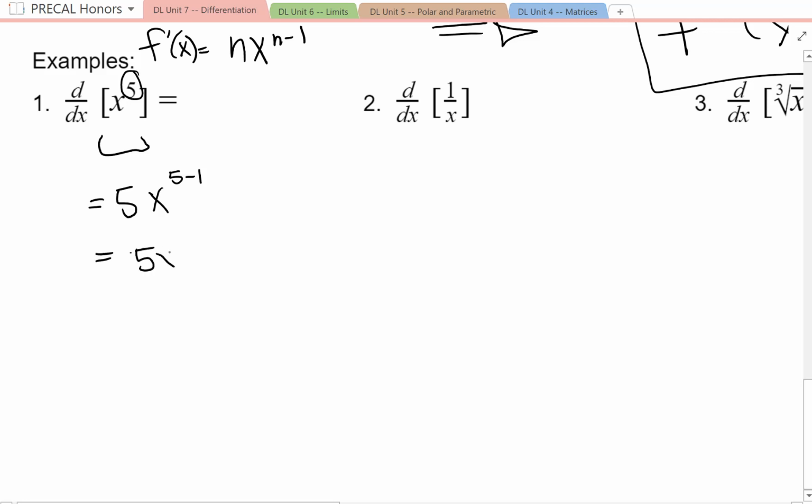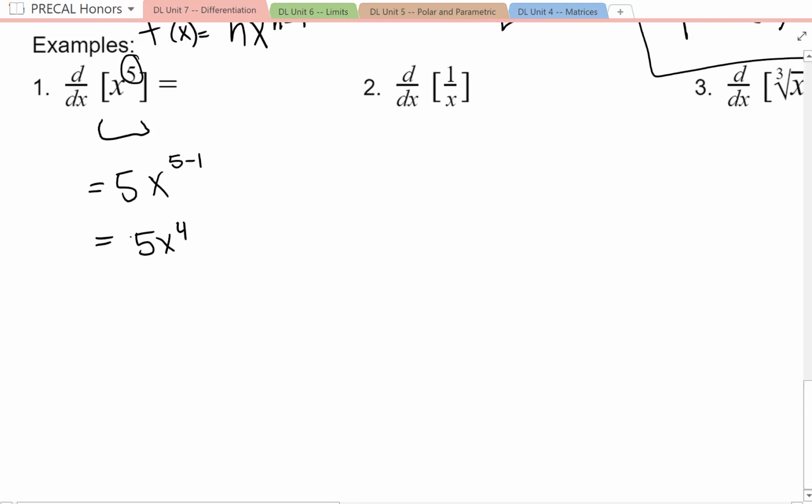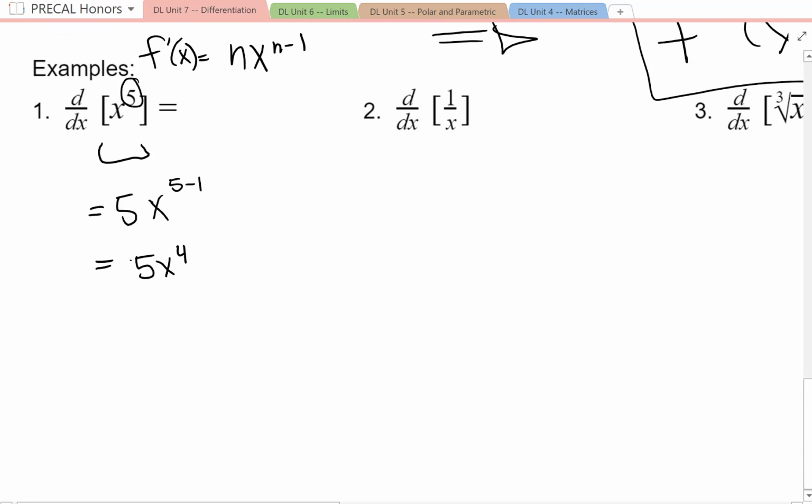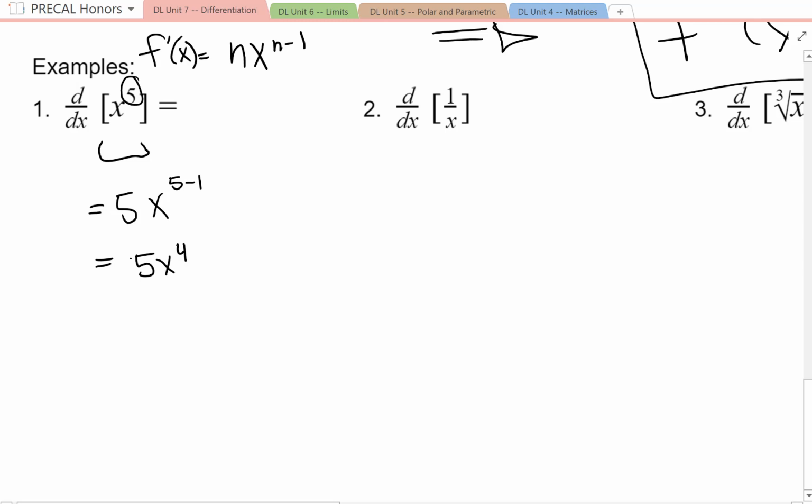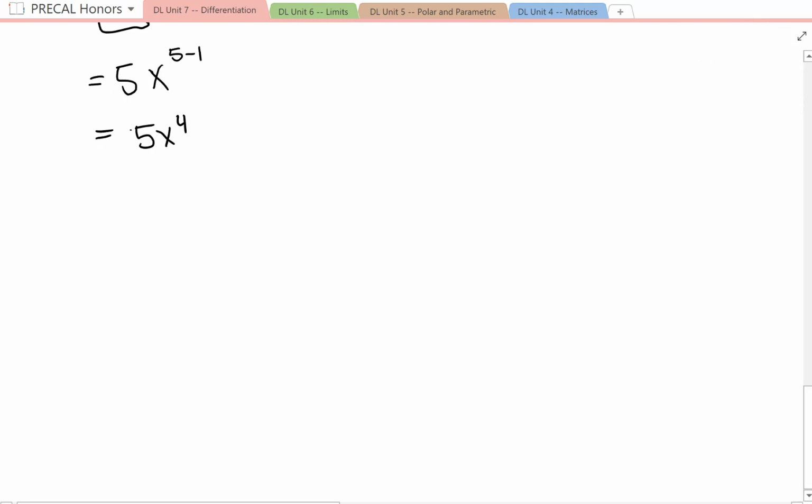That is equal to 5x to the 4th. Now, whenever my mom would teach me this or refer to this, she would always say, pop down, power down, pop down, power down.